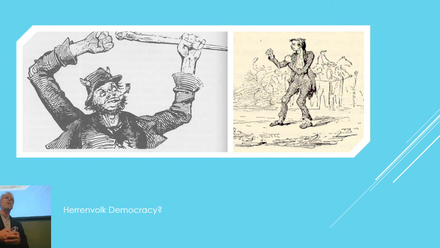Does that argument make sense? The way James Henry Hammond, the person who said cotton is king, puts it, there's always got to be a bottom rail. There always has to be a bottom rail on any fence, and that bottom rail is a dirty rail. The bottom rail of the fence in the North, according to Hammond, is poor white men and women who work in factories day and night.